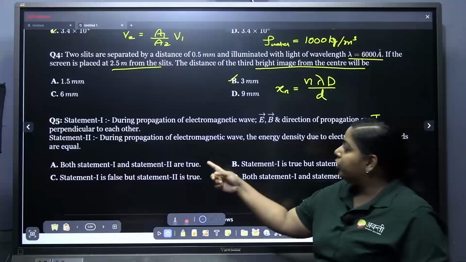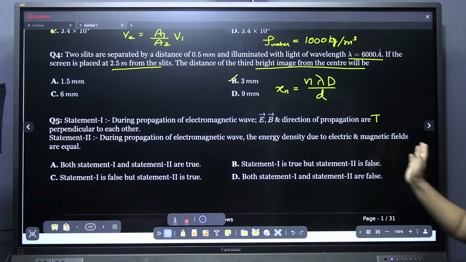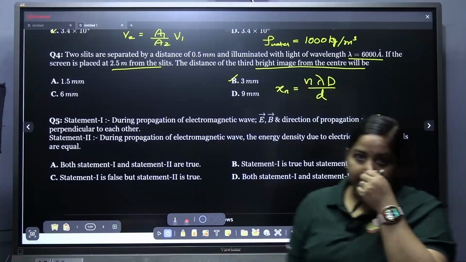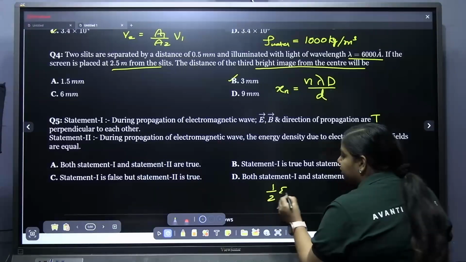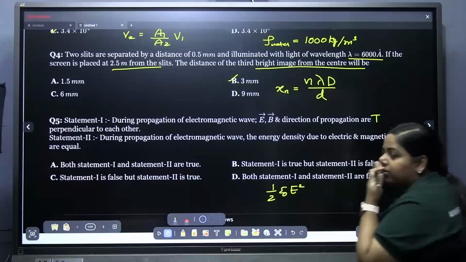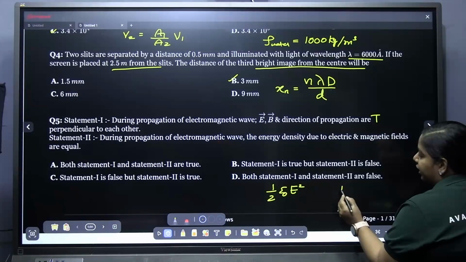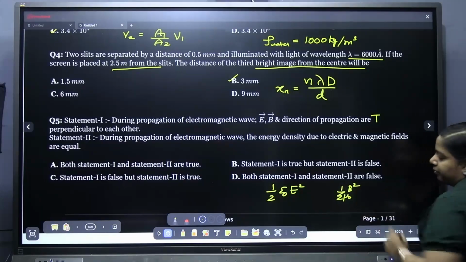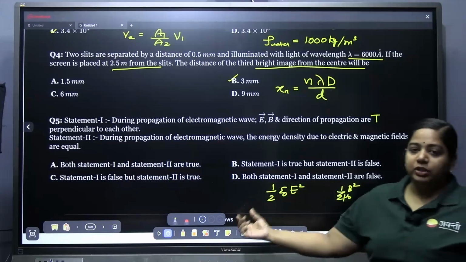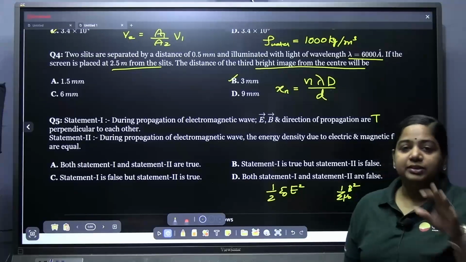Statement 2: during propagation of an electromagnetic wave, energy density due to electric and magnetic fields are equal. Energy density of the electric field is half epsilon naught E square. Similarly, energy density due to the magnetic field is B square by 2 mu naught. We know the relation between E and B: E by B is equal to c.